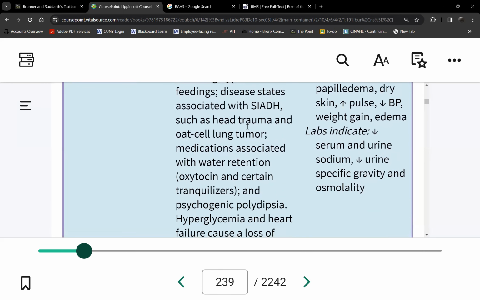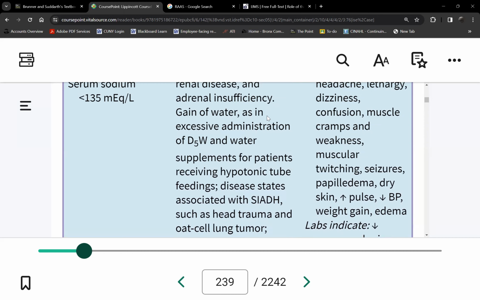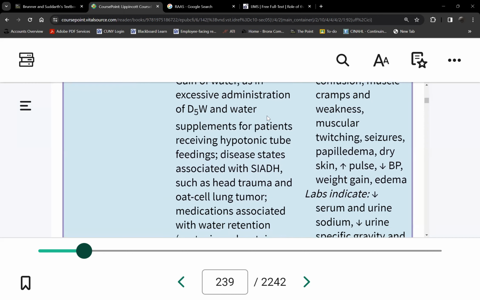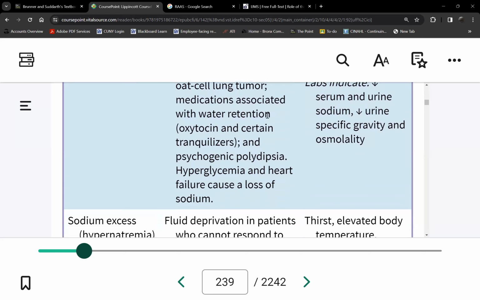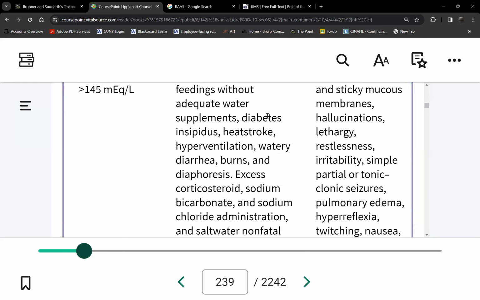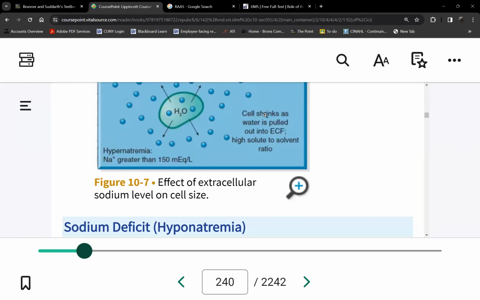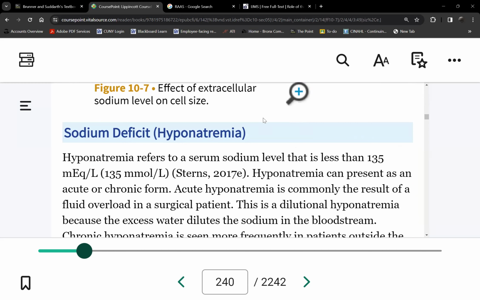Which body system is affected? Usually neuro, right? So more on neuro. It affects the GI also and the muscles, but your majority concern is neuro. All right, that's it. I said I'm only doing manifestations. I'm not testing causes, not testing interventions.